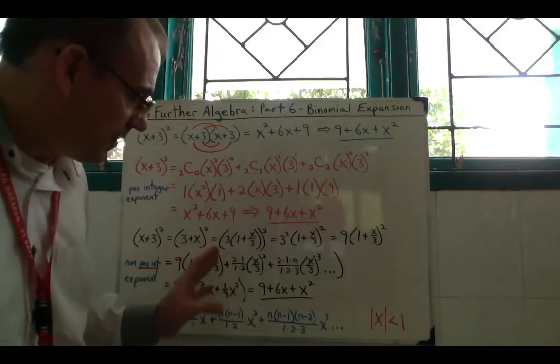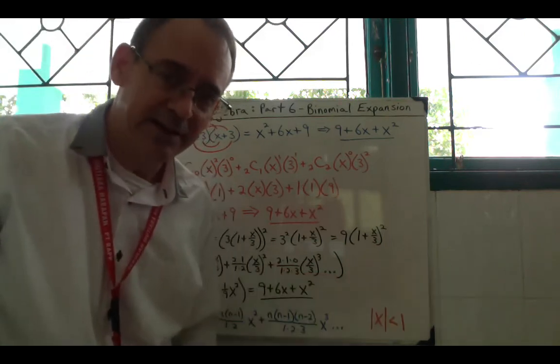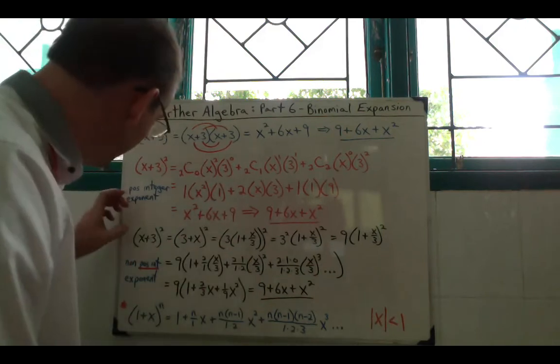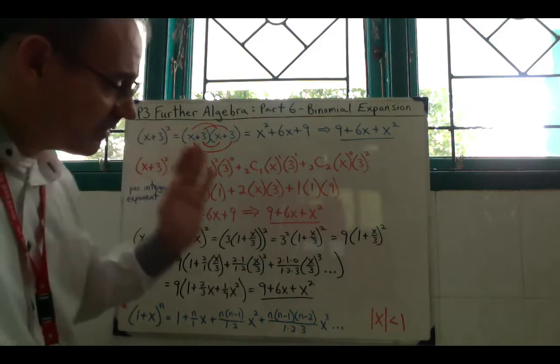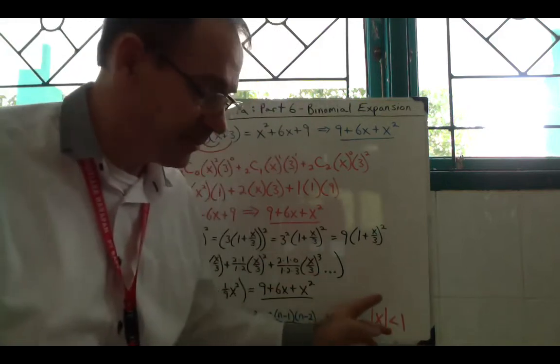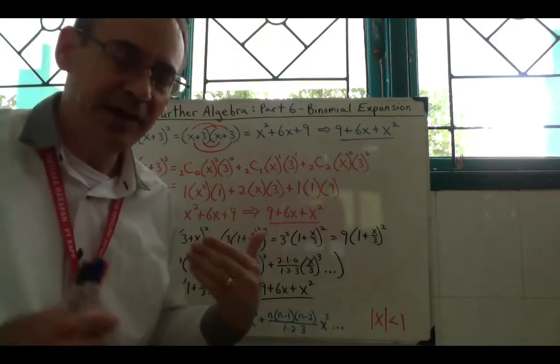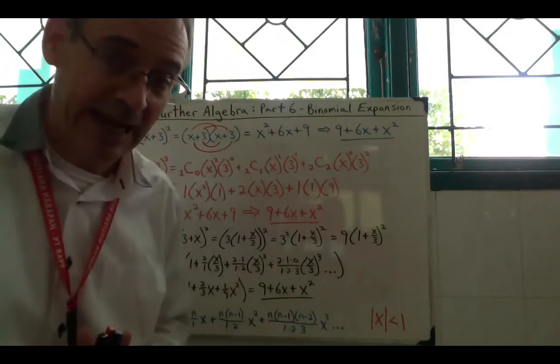Okay? So what that means is that because this goes on indefinitely, this then is an approximation of the original that you started with. That is where this statement here comes in. Because it's an approximation, you can't just plug in any value that you want and expect it to be accurate.